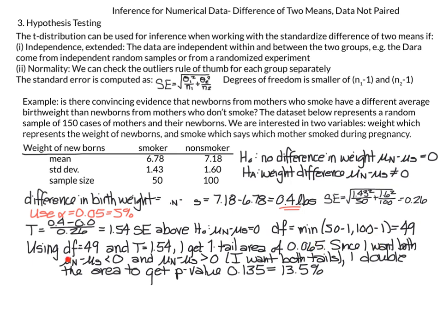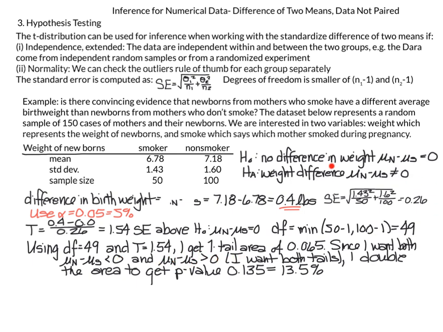Since my hypothesis testing is about equaling 0, that means I want both tails. I want the possibility that the mean of the non-smokers minus the mean of the smokers is less than 0, and the mean of the non-smokers minus the mean of the smokers is greater than 0.